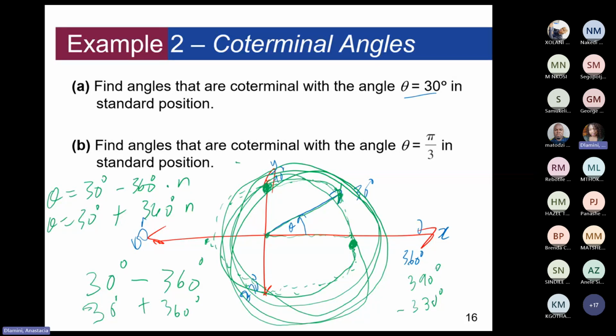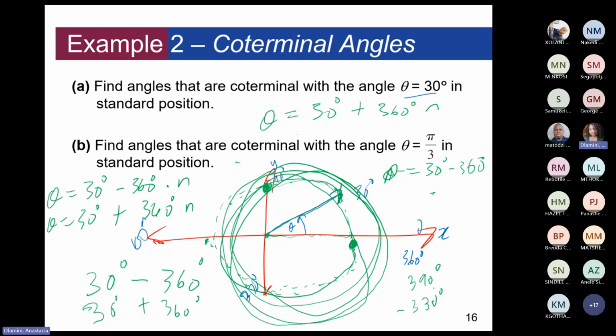Meaning I don't have to write it even like this. I can just say theta is equal to 30 degrees plus 360 degrees times n. Why I'm saying that is because if I choose n as negative 1, theta will be 30 degrees minus 360, since 360 times negative 1 becomes negative 360.